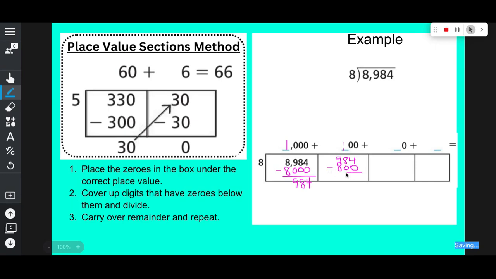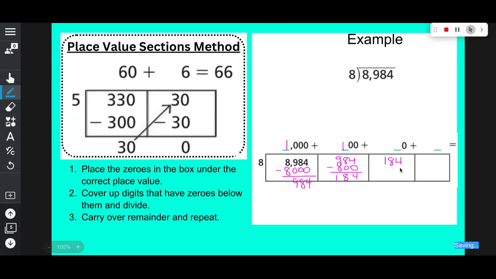We subtract that out, and I am left with 184. So we bring that whole number up next door, 184.